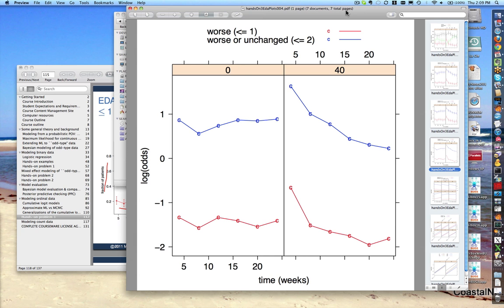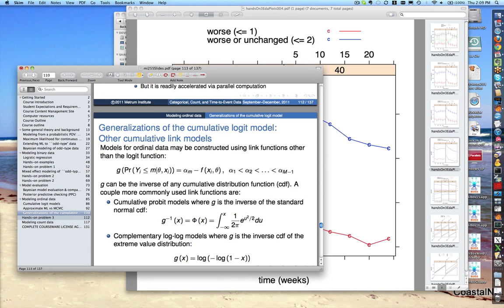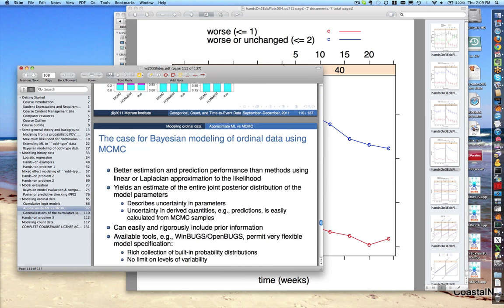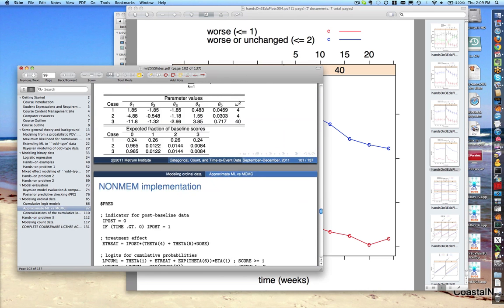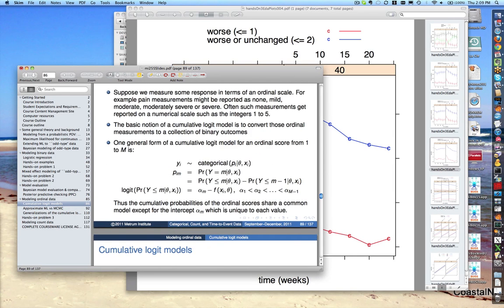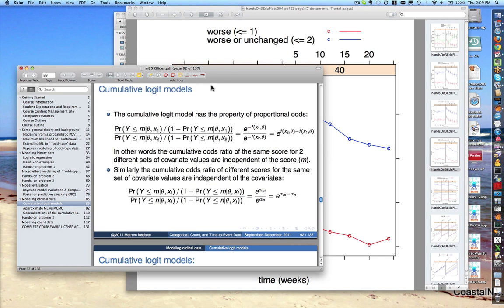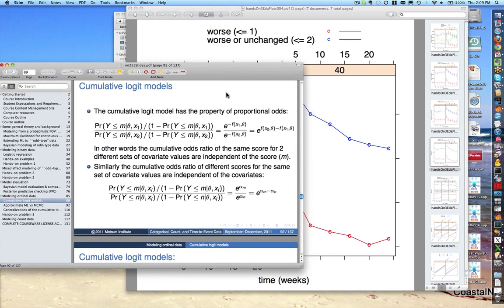And recall, let me go back a few slides in our discussion about these kinds of models. Okay, here we go. Recall I commented that the cumulative logit models, which are the ones we're going to be working with here, have the property of proportional odds.